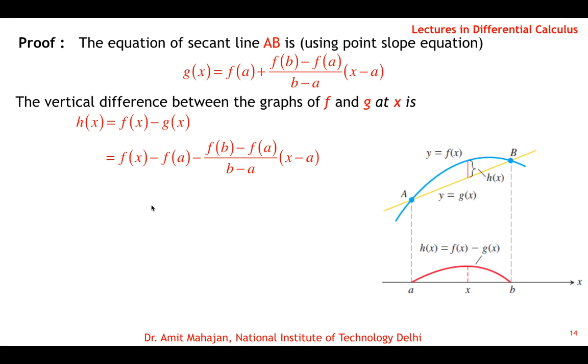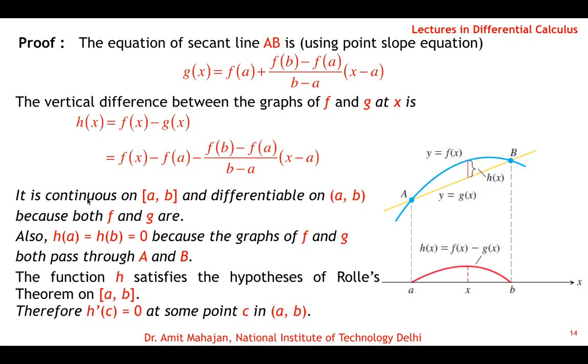So it is continuous on [a, b], differentiable on (a, b) because both f and g are, and h(a) and h(b) are 0. All the hypotheses of Rolle's theorem are satisfied, which immediately means that there is at least one point c inside the open interval (a, b) such that the derivative h'(c) must be 0. That's what Rolle's theorem says.